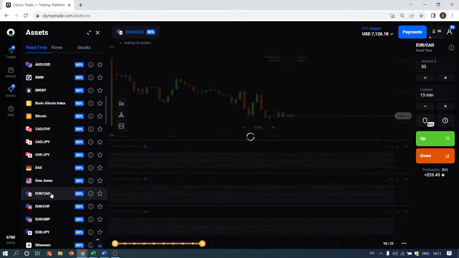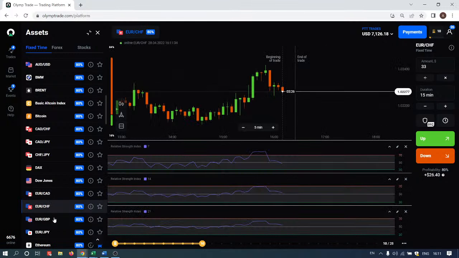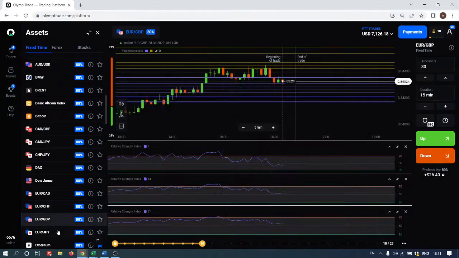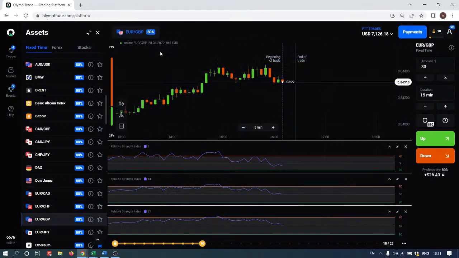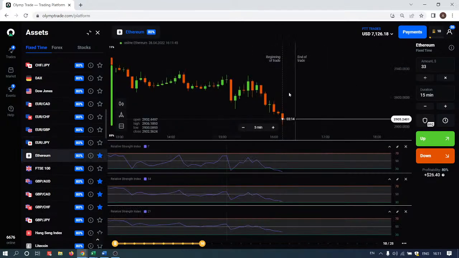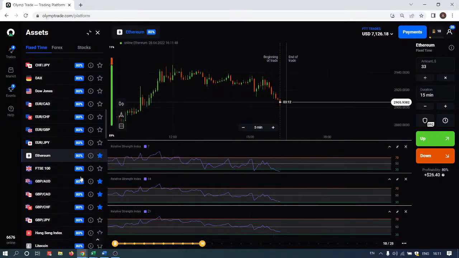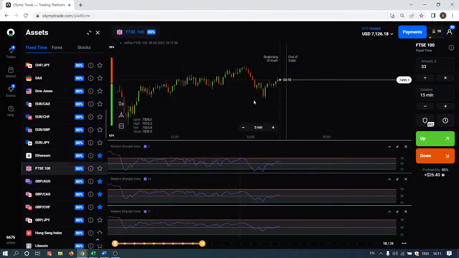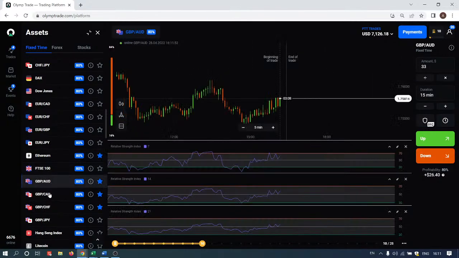Not so many signals. All the assets are just going sideways. Too much Fibonacci here. Euro GBP, wow, that's a real sideways movement. I don't know why it's so slow. Ethereum, potentially that might be a setup.